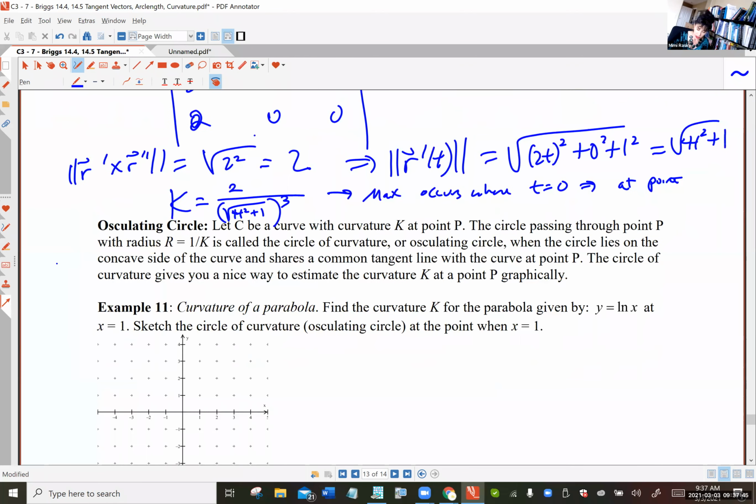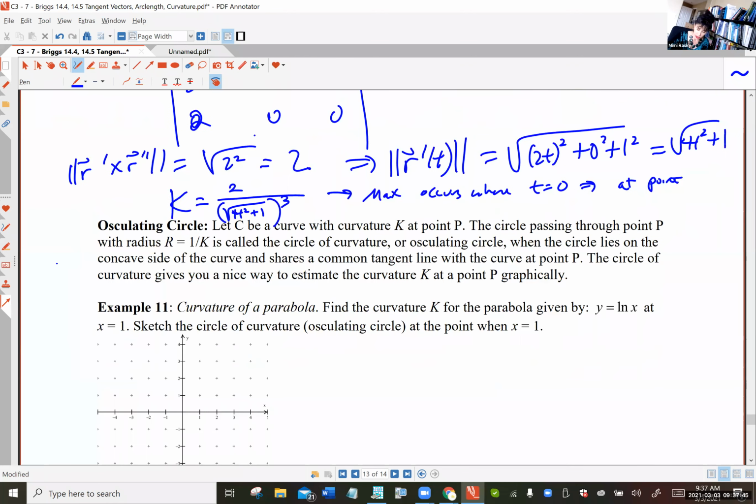So if you graphed this curve, it turns out it's in the XZ plane. It would be sitting in the XZ plane.